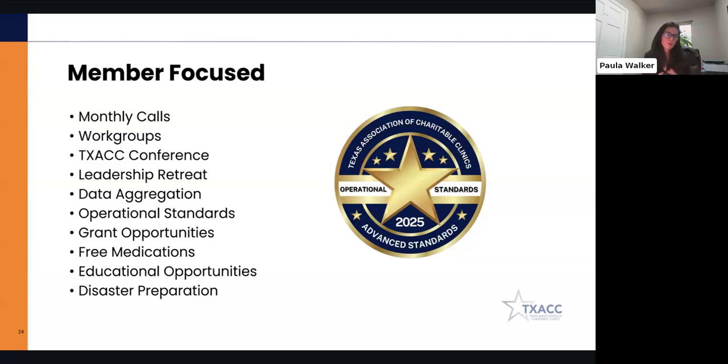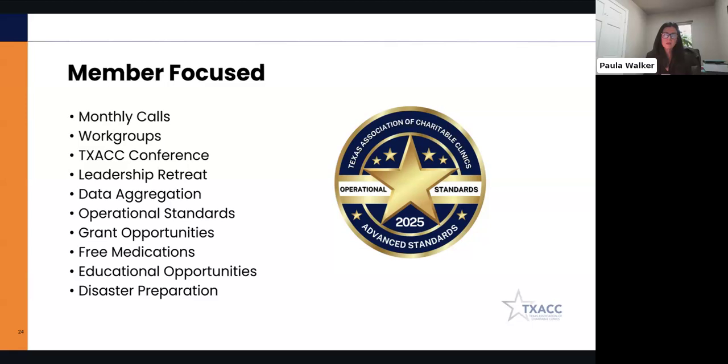Before we did that work group, we were doing some advocacy work group things. So it's always something, but we do it together as a group. And then we hold a conference for our members, our clinic members, every year. And just like an educational conference, like you've probably been to yourselves. And we have a good time of fellowship, and we learn a lot. We have a leadership retreat.